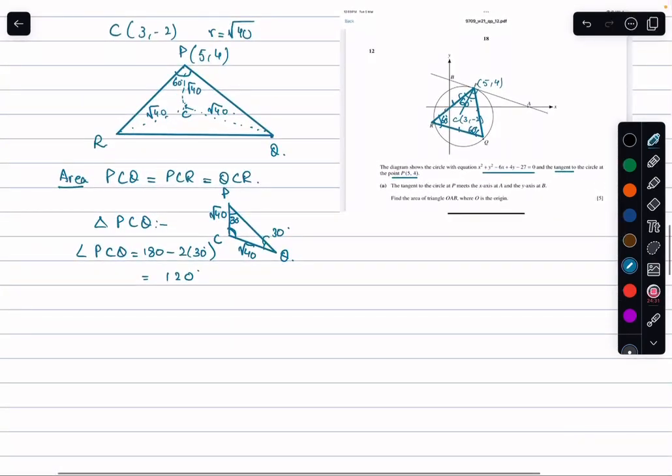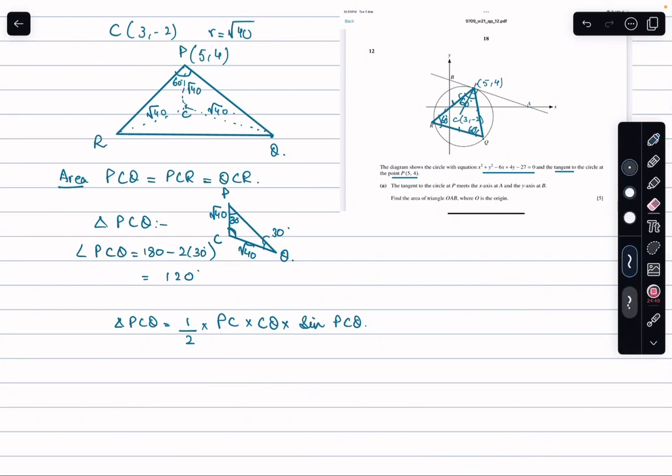So to get the area, the area of PCQ should be equal to 1 by 2 into the two adjacent sides, PC and CQ, into sine of the included angle, which in this case is PCQ.